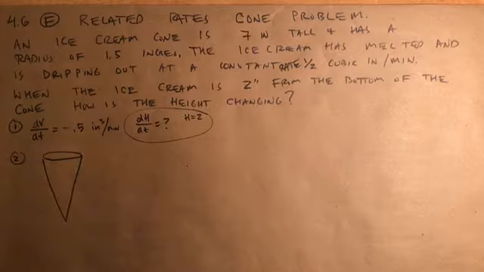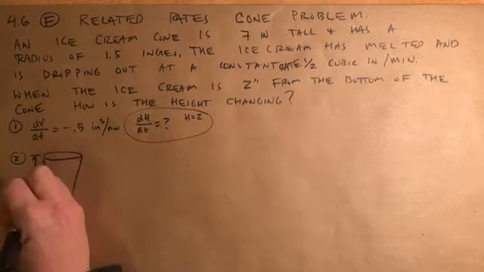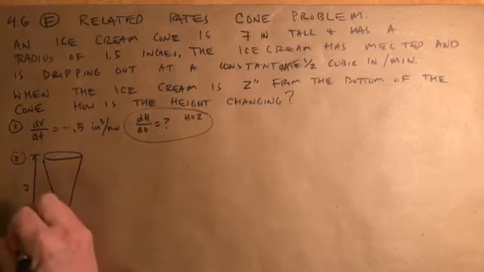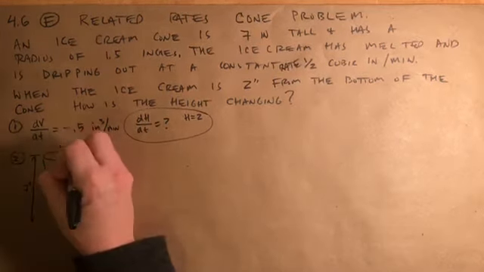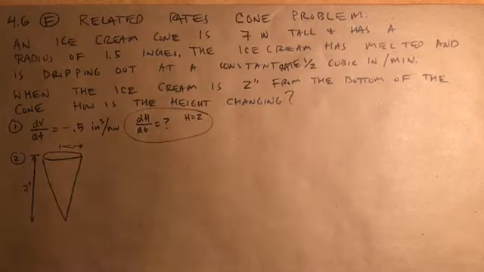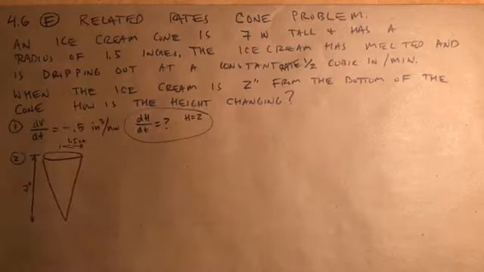And we can certainly say that the total height of this cone is 7 inches, and that the radius here is 1.5. And that's good because the volume of a cone is 1/3 pi r squared h.